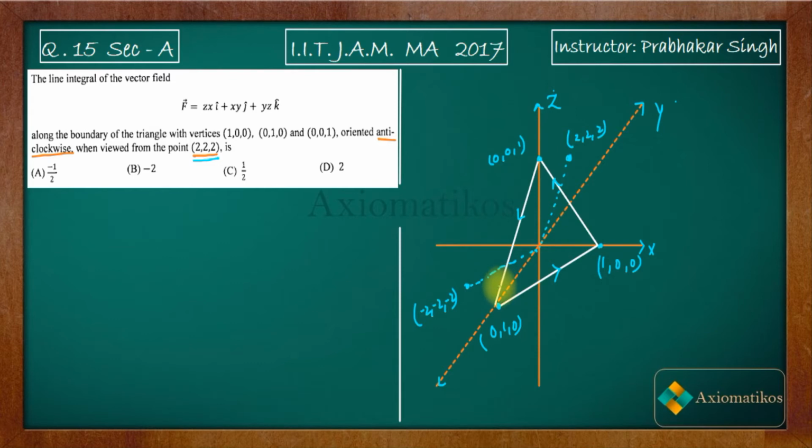The direction that is anti-clockwise for you from inside the floor will actually be clockwise in general. Because we are given (2, 2, 2), we get this usual anti-clockwise direction. So it is correct. If the point were not given, this is the anti-clockwise direction we would choose. Everything is correct, so we do it the general way that we know. No problem in this at all.